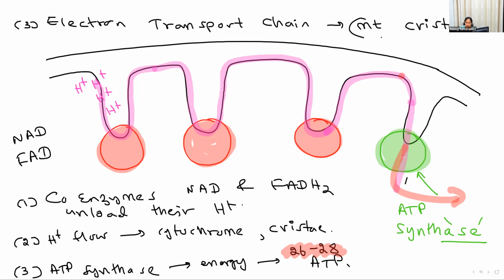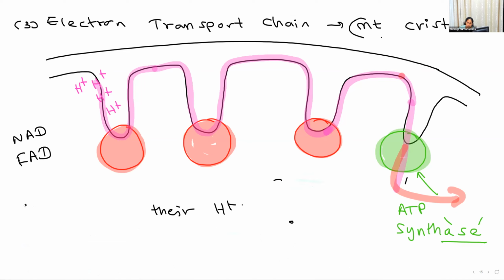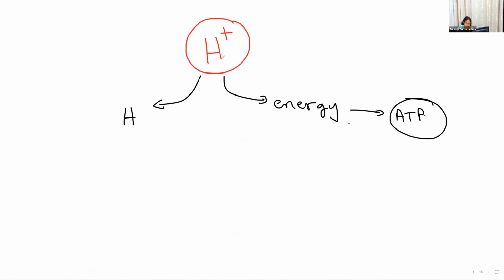Okay, the last point. I'm going to erase everything to explain the last one. So I asked you to assume the high energy proton as the combination of the energy and the hydrogen, right? So from this, the ATP synthase extracted the energy component and converted it into 26 to 28 ATP, right?